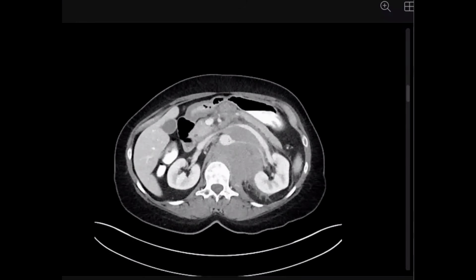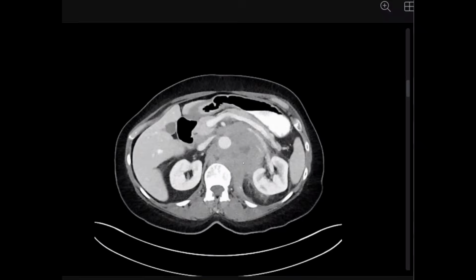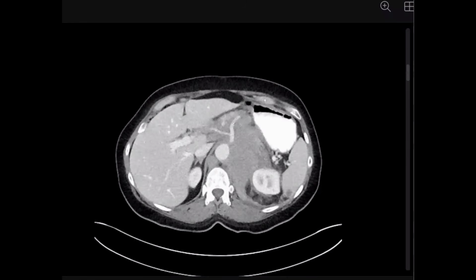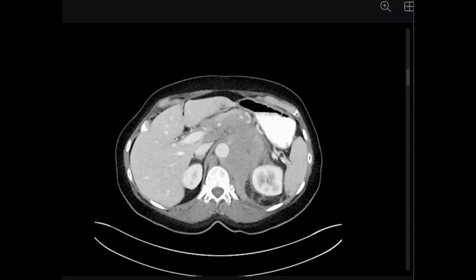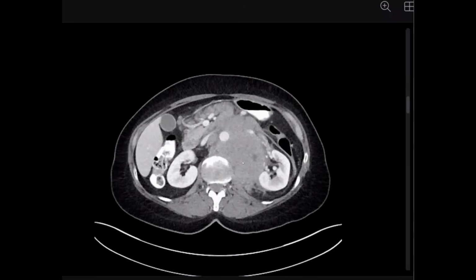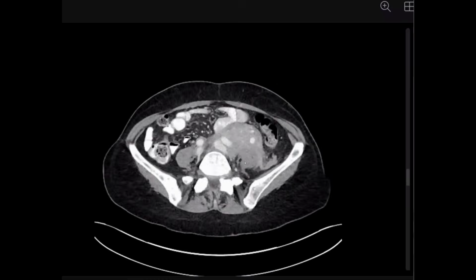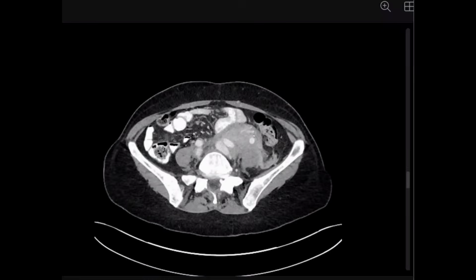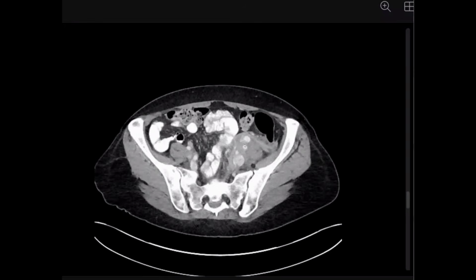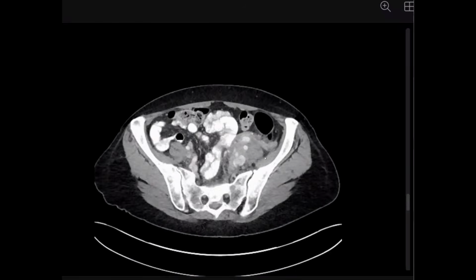The aorta is displaced anteriorly, what we call the floating aorta sign. We also have these masses encasing the vessels, the sandwich sign. Both of these signs are pathognomonic for lymphoma. Also the lymphomatous infiltration extends into the pelvis.